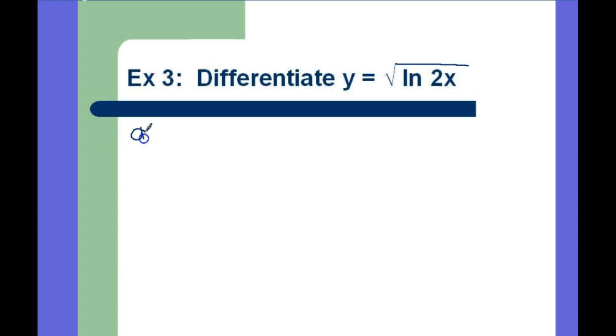So exactly, you will take the derivative of a square root, which is 1/2, all the inside stuff, to the negative 1/2. So the inside stuff is the ln of 2x. And then you multiply by the derivative of the inside. So the derivative of the natural log of 2x is 1 over 2x times the derivative of 2x, which is 2.